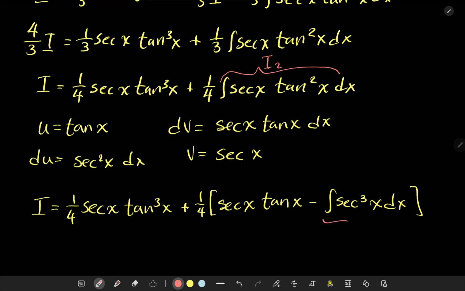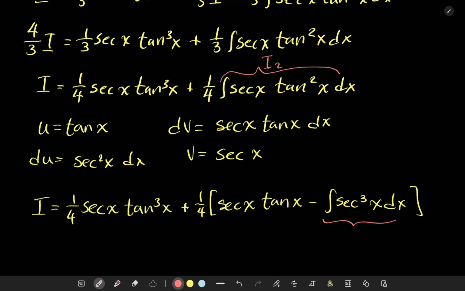So from this integral here, I can do the substitution secant squared being equal to 1 plus tangent squared to recover a multiple of this integral I2. And I play the same game of moving it to the other side and then evaluating the integral. But as I said, I'm going to put this one in the computer so we can skip the step, which is the same as we did before. We got I, moved it to the other side, and then multiply.